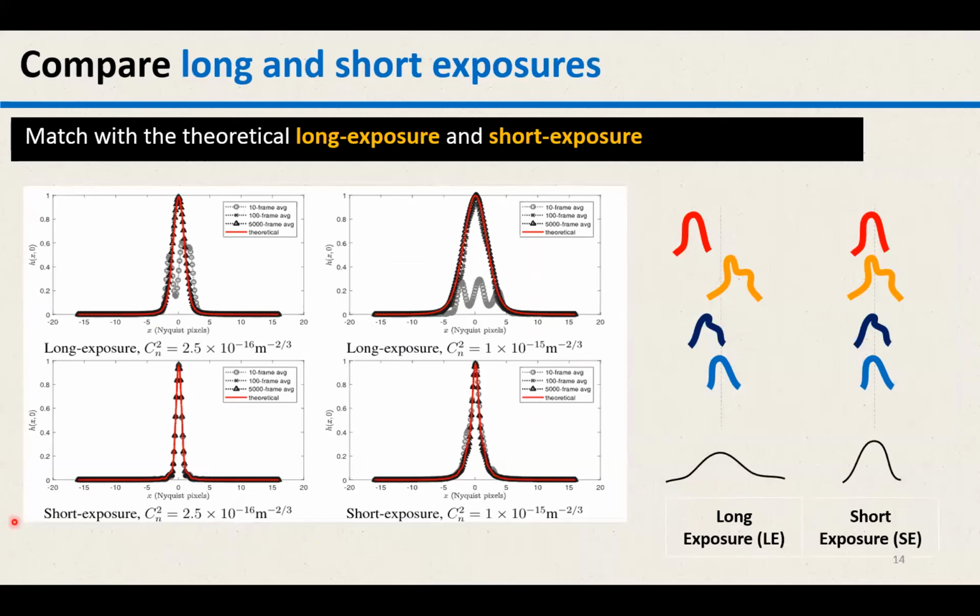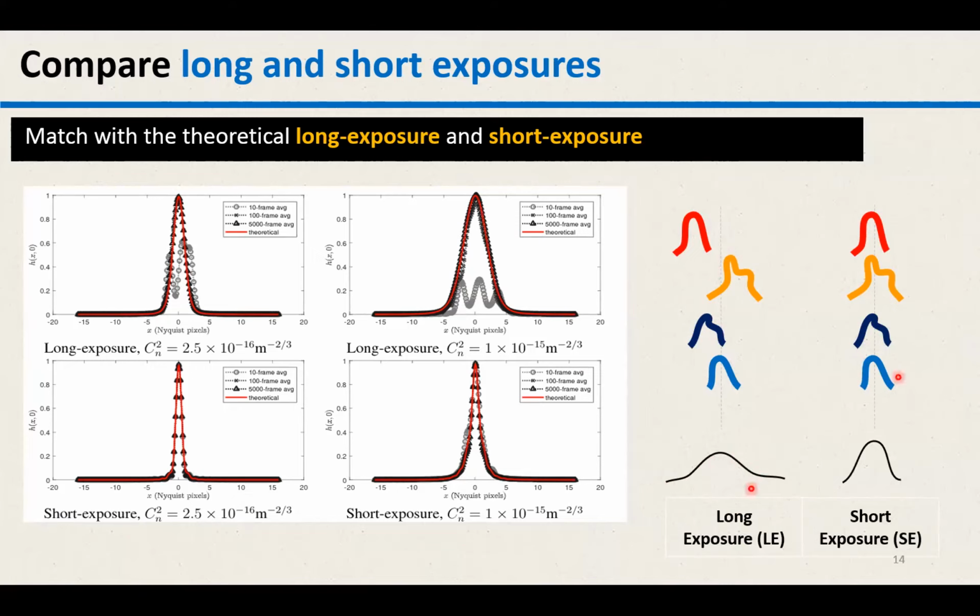Another thing that the literature usually looks at is whether your ensemble average of all these point spread functions at the same pixel location, when you take the average together, will give you the so-called long exposure pattern. For the long exposure pattern, there is a closed form expression, and you can compare against the theoretical expression. So if you're doing it properly, then your long exposure should match exactly with the theoretical long exposure.